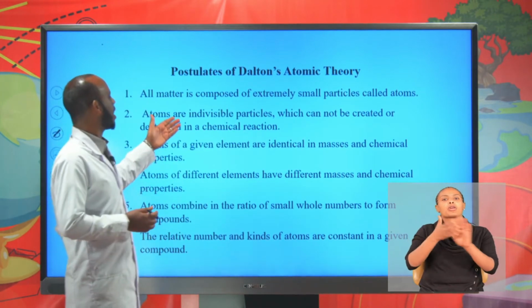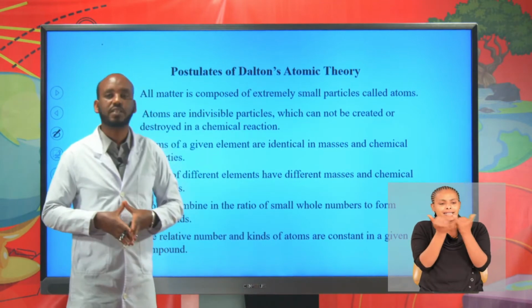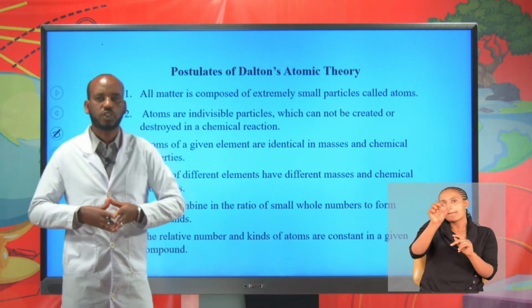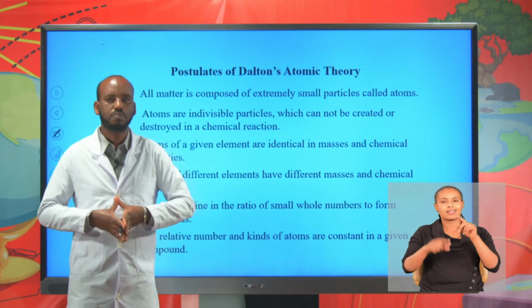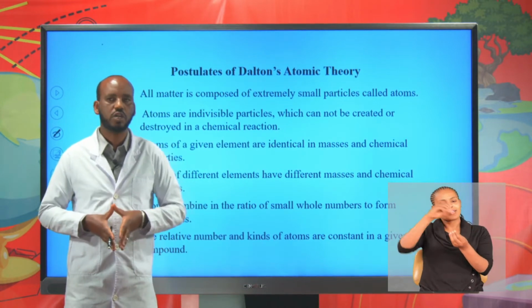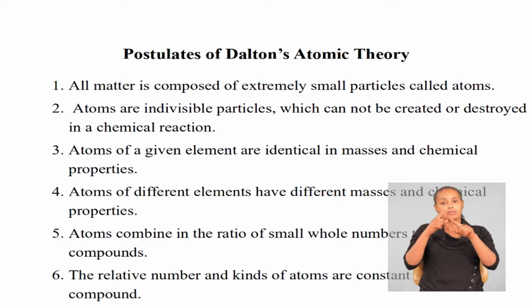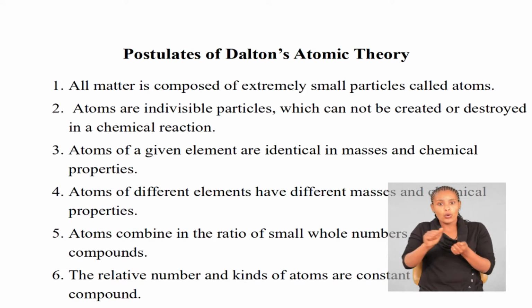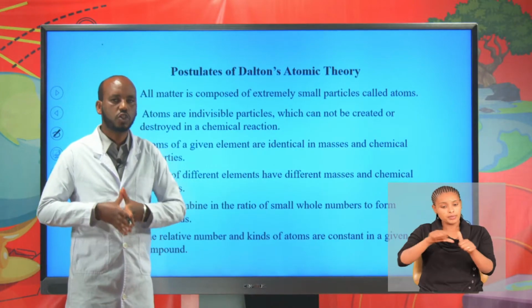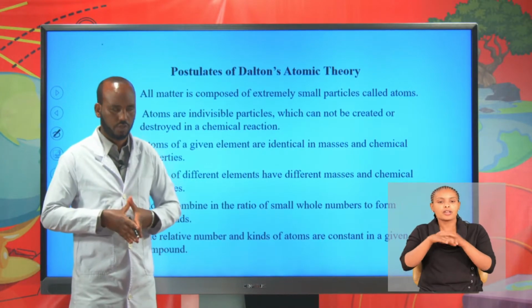2. Atoms are indivisible particles. We cannot divide atoms further, according to Dalton's atomic theory, and atoms cannot be created or destroyed in a chemical reaction. Atoms are not destroyed in a chemical reaction. 3.